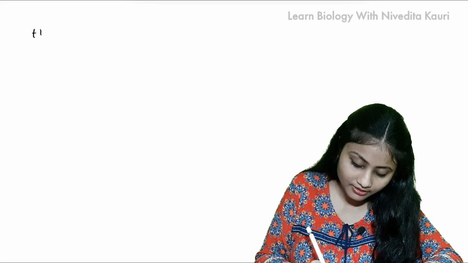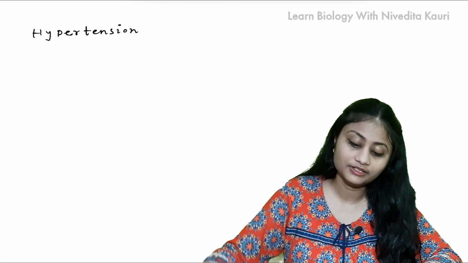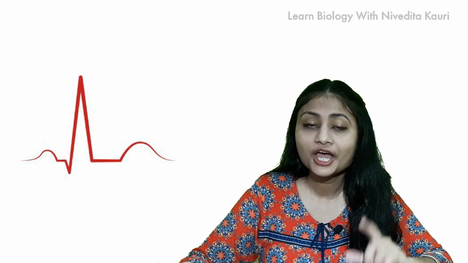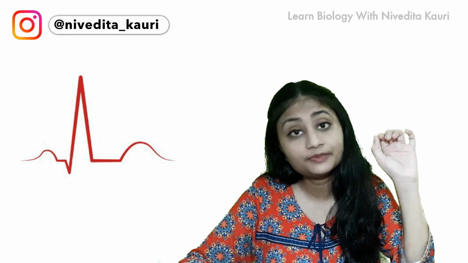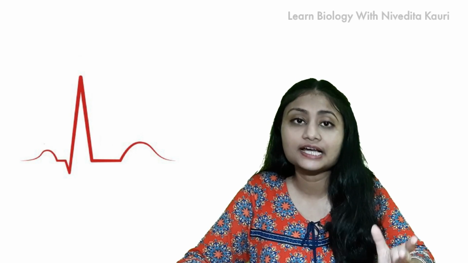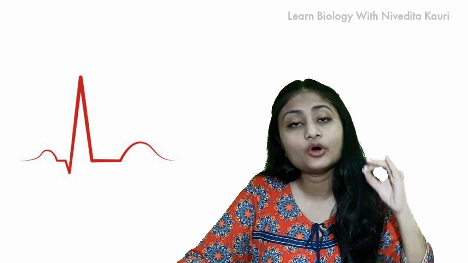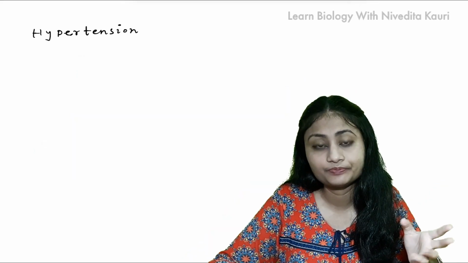Let's discuss some disorders of circulatory system. First is hypertension or the high blood pressure. Before understanding high blood pressure, we should know what blood pressure is. Blood pressure is the lateral pressure exerted by the column of blood on the vessel wall when blood is flowing through them.